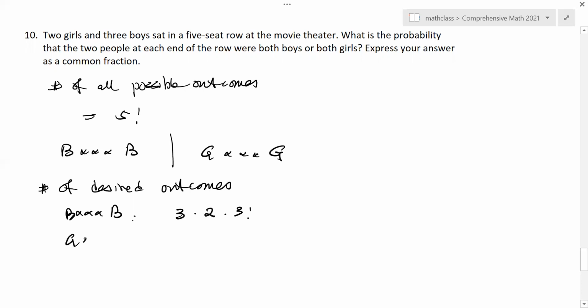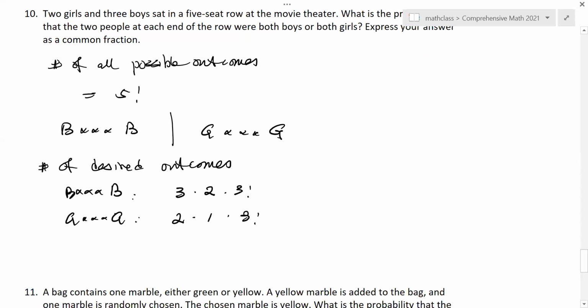For the other pattern, it's different, and you only have 2 girls. You select one of the girls and put her on the left, then put the remaining girl on the right-hand side, so it's only 1 choice. Then there are 3 students left, all boys, who can sit in the middle randomly, so there will be 3 factorial possibilities.